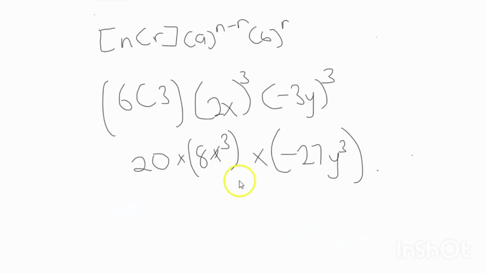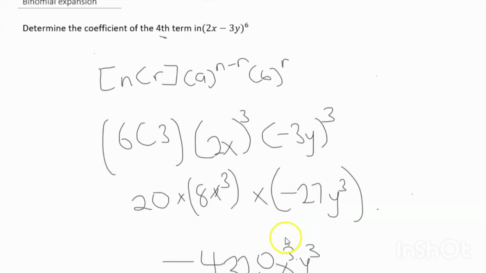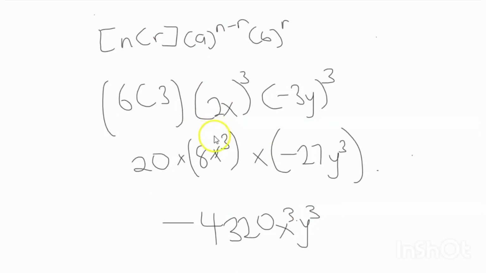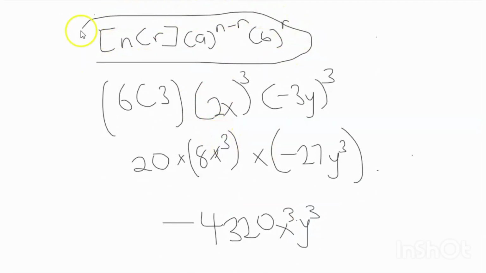We just multiply the coefficient and that would be our answer. 20 multiplied by 8 is 160, multiplied by negative 27, and that would be minus 4,320. You could just rewind to check back and see if it's the same thing. But if you remember correctly, then this is our answer. Obviously this method is way easier. You can just have this formula in your head, and solving these kind of questions would be extremely simple.